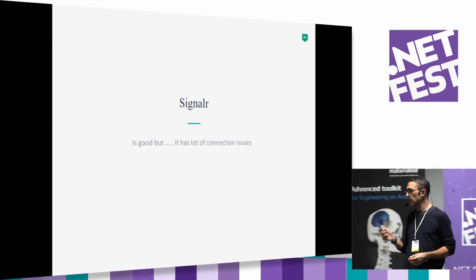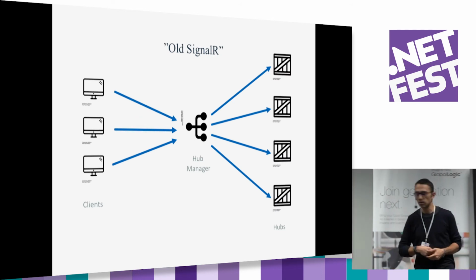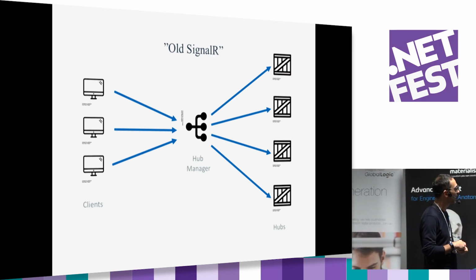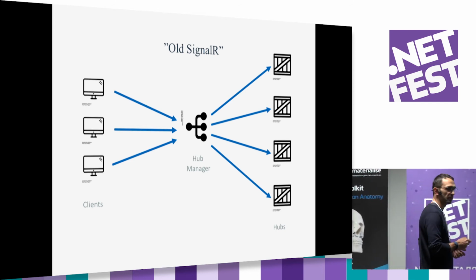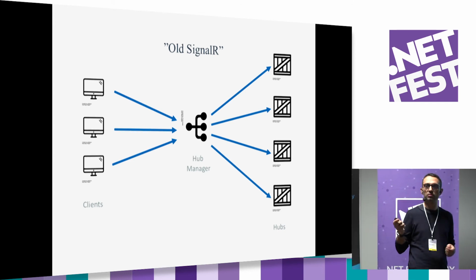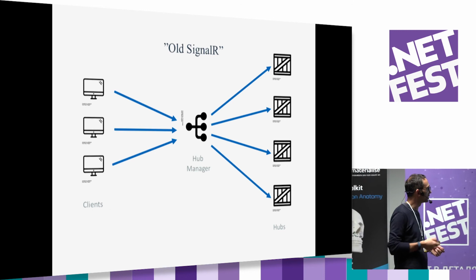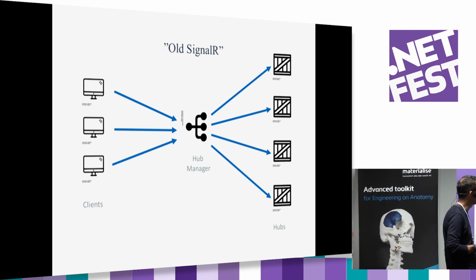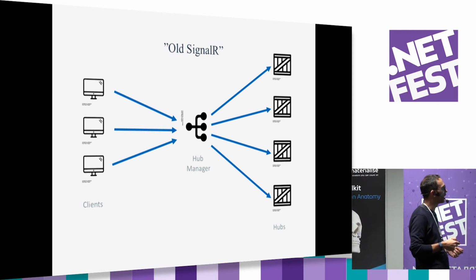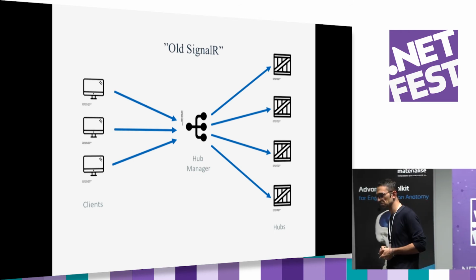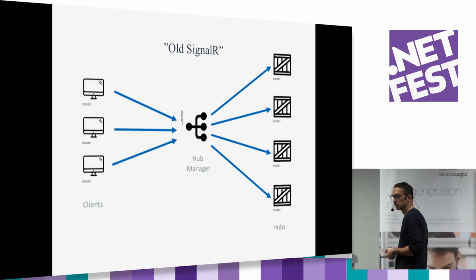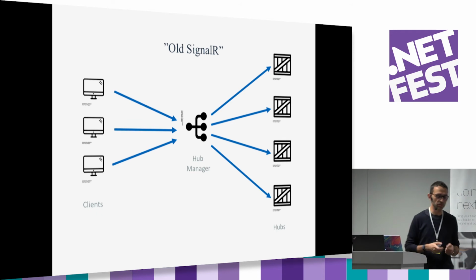Right now, this is the way you are connecting from the client to SignalR. I have a demo for the people who don't know what SignalR is. Basically, there is a client that is trying to connect to a hub. A hub is a C# class that has the scope to get the message from the client.